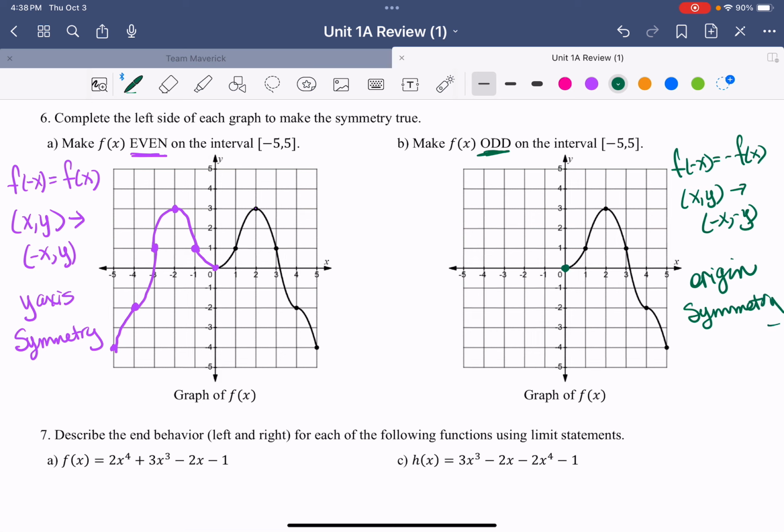This point that is at 1, 1 would end up at negative 1, negative 1. The point that's at 2, 3 would end up at negative 2, negative 3. The point at 3, 1 would end up at negative 3, negative 1. The point at 4, negative 2 would end up at negative 4, 2. And the point at 5, negative 4 would end up at negative 5, positive 4.